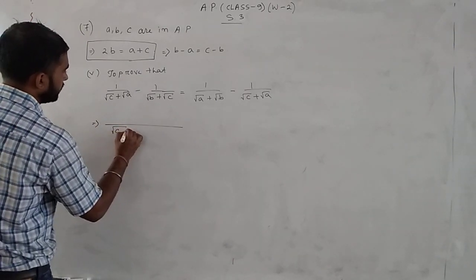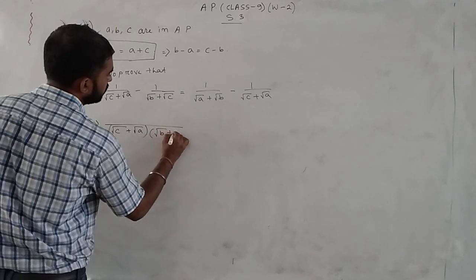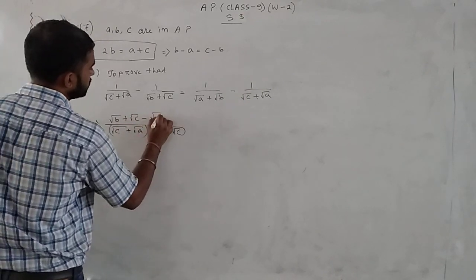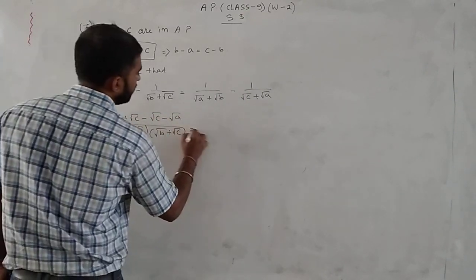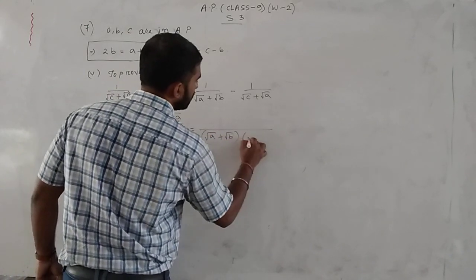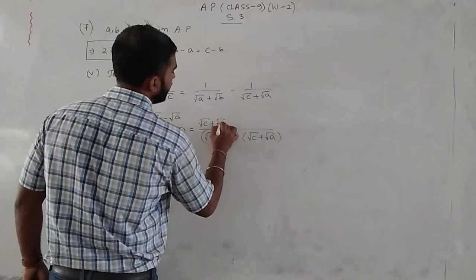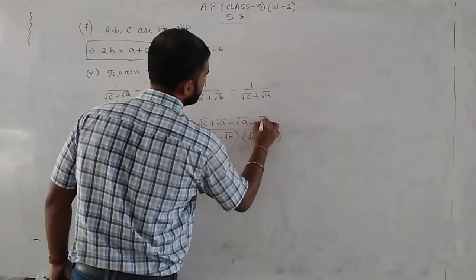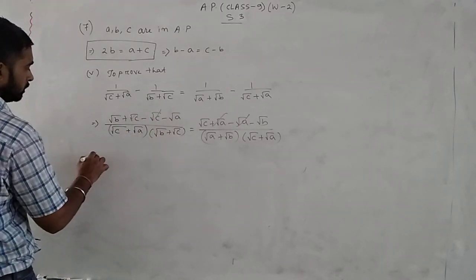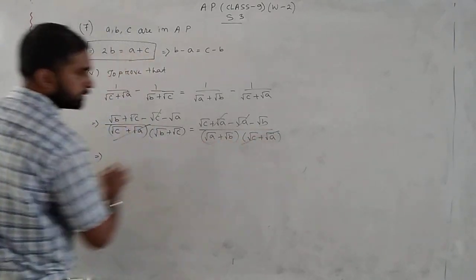So here the LCM is root c plus root a into root b plus root c. So root b plus root c minus root c minus root a by root a plus root b into root c plus root a. Root c plus root a minus root a minus root b. Cancel. This one cancel. Now again both sides see, root c plus root a cancel.